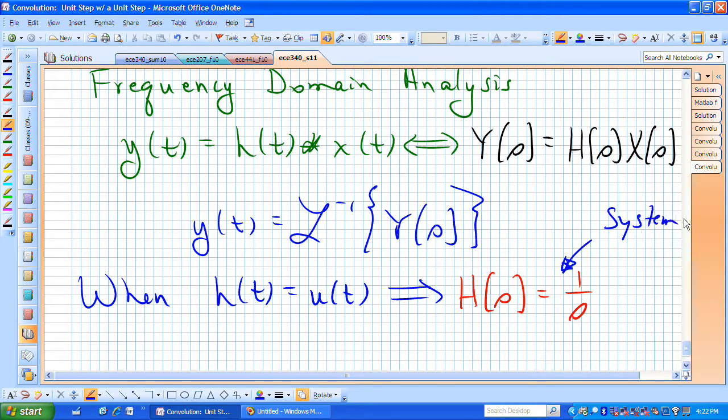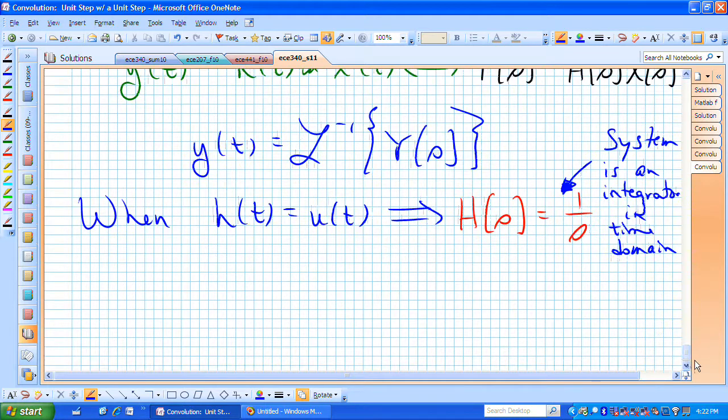This is the frequency domain representation of an integrator. So this system is an integrator. An integration in the time domain corresponds to an operation of division by s in the frequency domain.